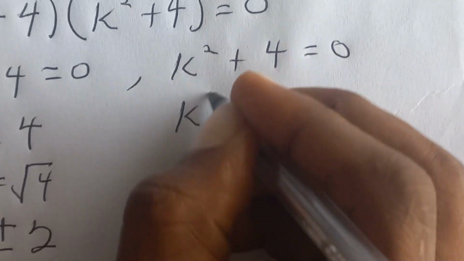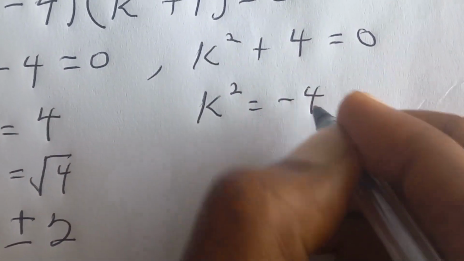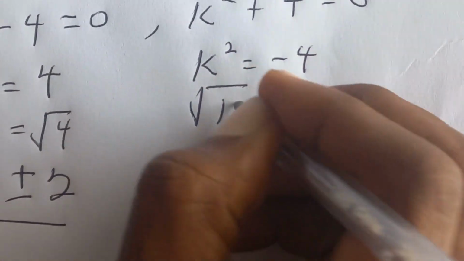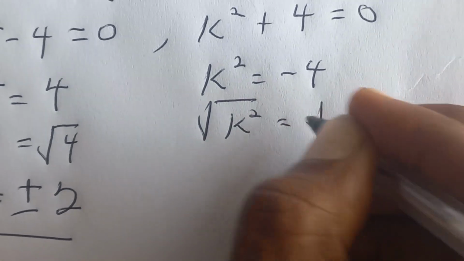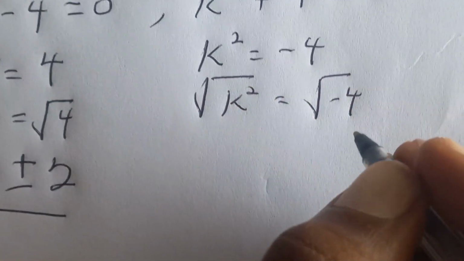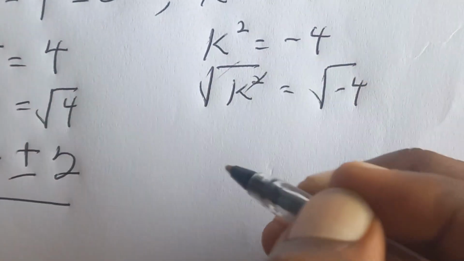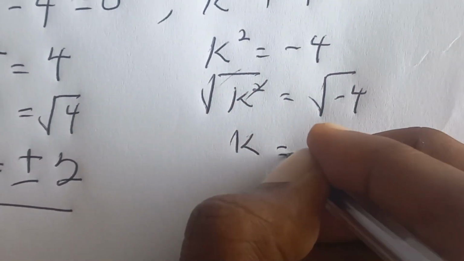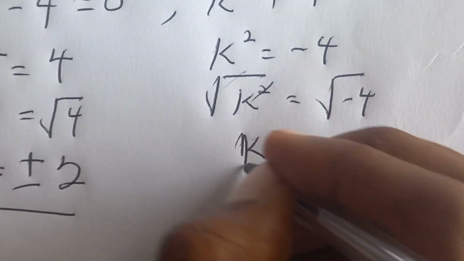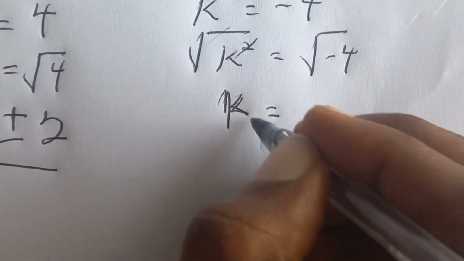We have k squared is equal to negative 4. So we take square root of both sides. Now, this will cancel this. So we have k is equal to, now this is square root of negative 4.